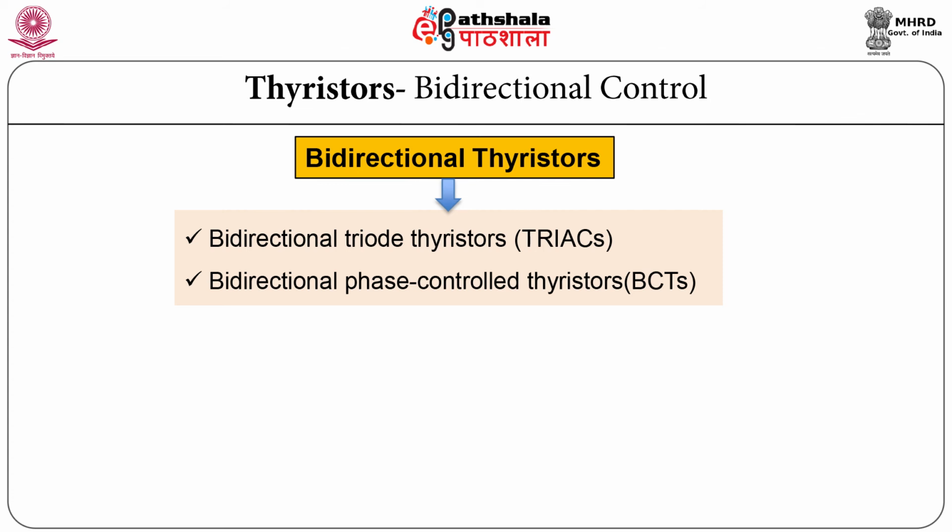In general, there are two types of thyristors which are widely used. First is TRIAC. It is known as bidirectional triode thyristor, and second is bidirectional phase control thyristors, BCT.